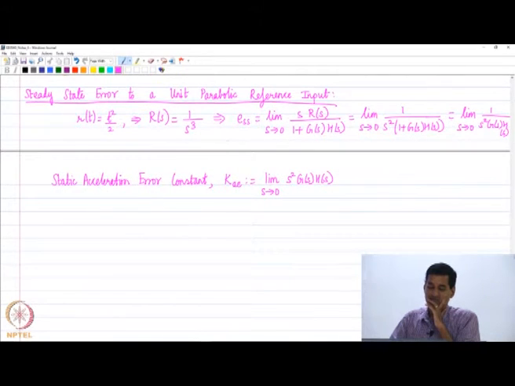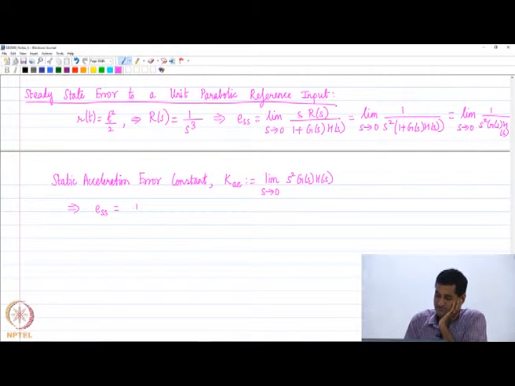So that's the definition. This immediately implies that the steady state error is 1 divided by KAE.